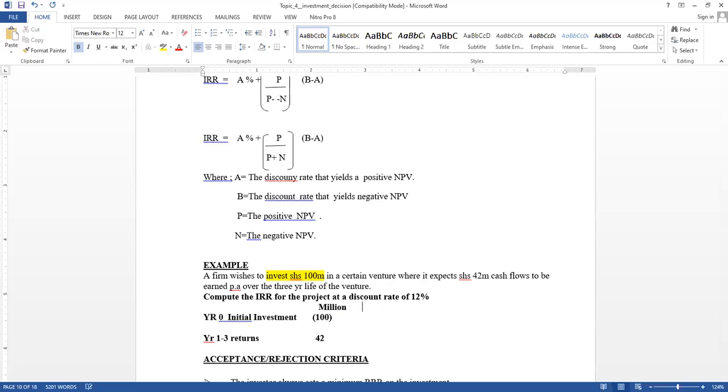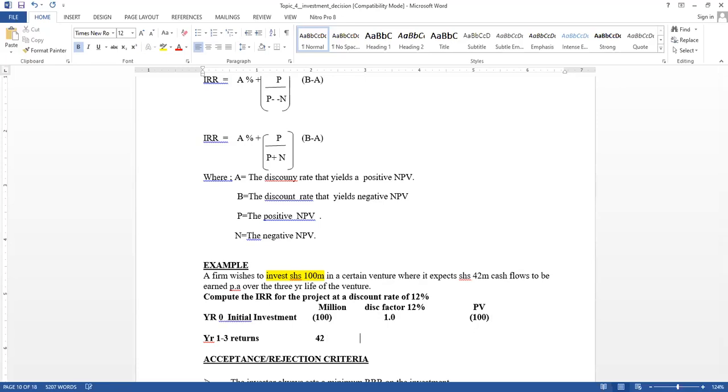Now, if I discount these figures, discount factor at 12%, for year 0, of course, it is 1. In the PV, here, is what? 100M.